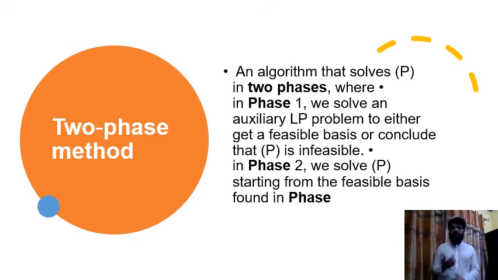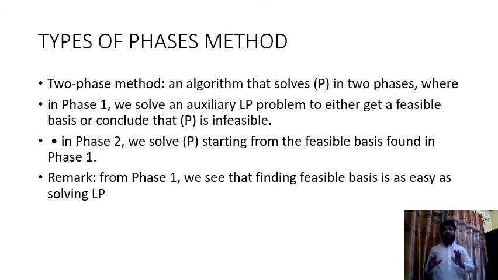Now, let us discuss the types of phase methods mentioned below. Now, the two-phase method, an algorithm that solves in two phases. In phase 1, we solve an auxiliary linear programming problem to either get a feasible basis or conclude that the problem is infeasible.